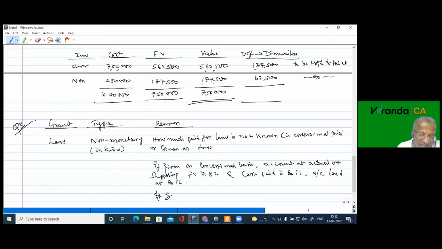If given on a free basis, then account at nominal value, say rupee 1.